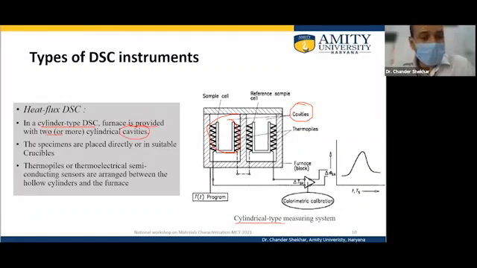Basically there are only two cylindrical cavities, one for the sample and the other for the reference. The specimen is placed directly or in suitable crucibles in these cavities, and the thermopiles or thermoelectric semiconducting sensors are arranged between the two hollow cylinders or these furnaces.